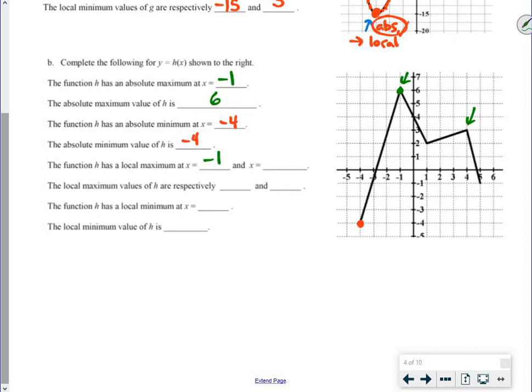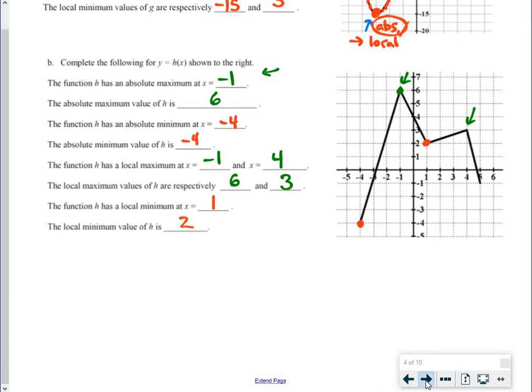So at negative 1 and 4, I guess that first one's kind of redundant because we already did, but all right. Okay, corresponding y values are 6 and 3. We have also a local minimum here when x is 1, and the corresponding y value is 2.